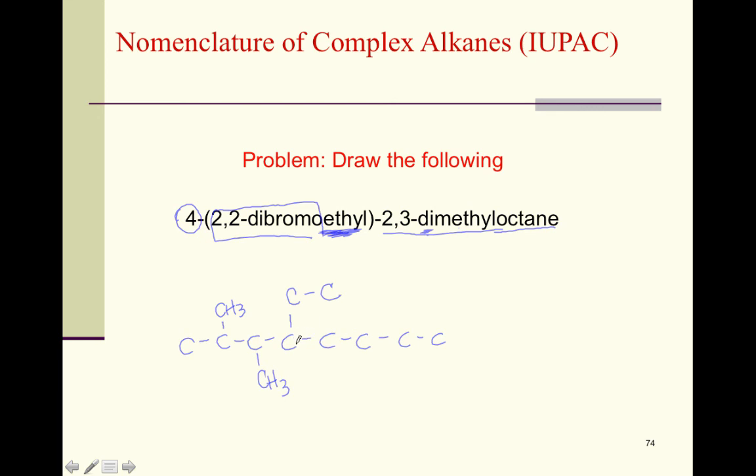When you work your way from the parent chain, the octane, when I go away from it, this is carbon 1. And notice my bromos aren't on carbon 1, they're on carbon 2. So my bromos, I have 2 bromos, they would be coming off of this carbon. So I'd have a bromo here and a bromo here. I want to go ahead and clean this up, so I'm going to get rid of this and show you my digital version.